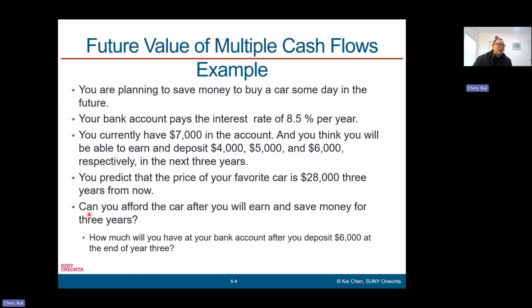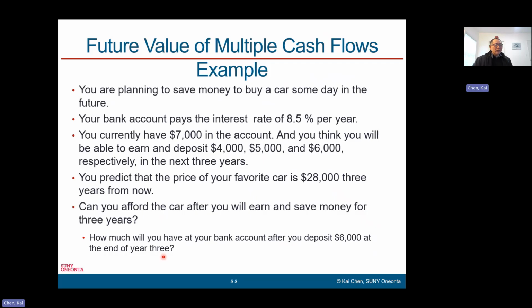Now you want to ask yourself, can you afford the car after you earn and save the money for 3 years? In the future 3 years, you expect you are going to earn the money, and at the end of the 3 years, you want to know how much you will have in your bank account after you deposit $6,000 at the end of year 3.